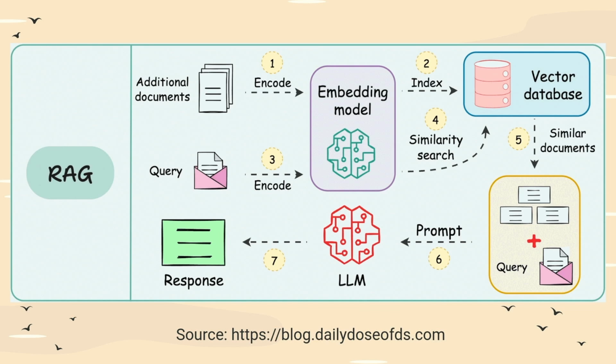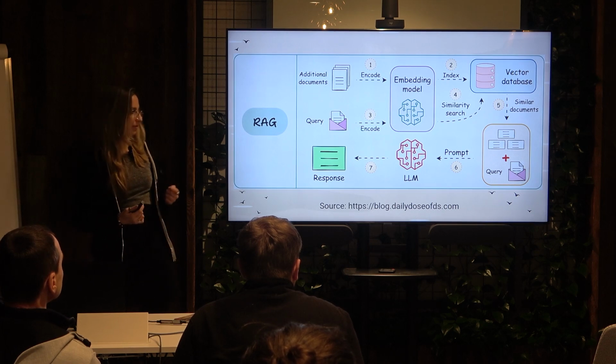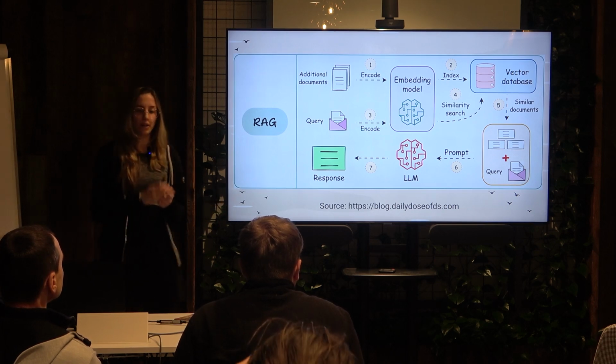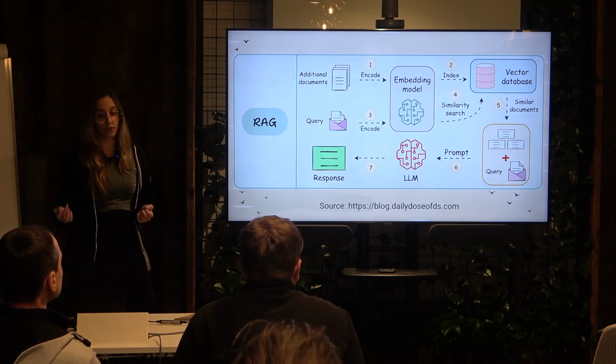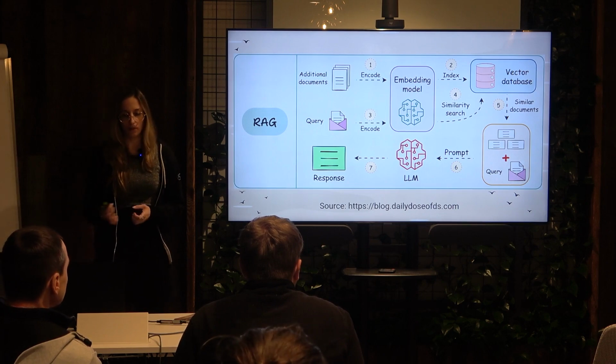So now that you have all your data in the vector database, you can perform a query. And the query has to be encoded as well, using the same embedding model, so that, step 4, the vector database can perform the similarity search, which means comparing the vector representation of the query with the vector representation of the documents that it already holds.